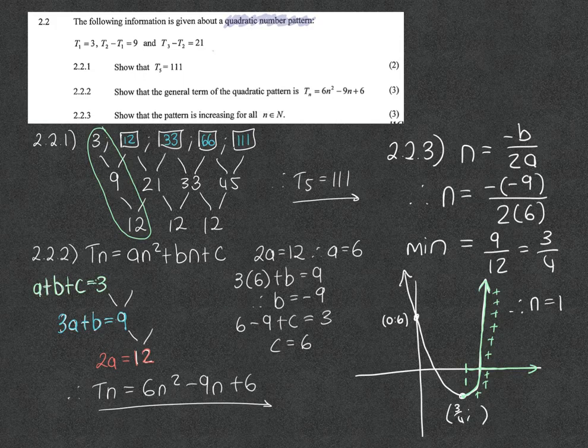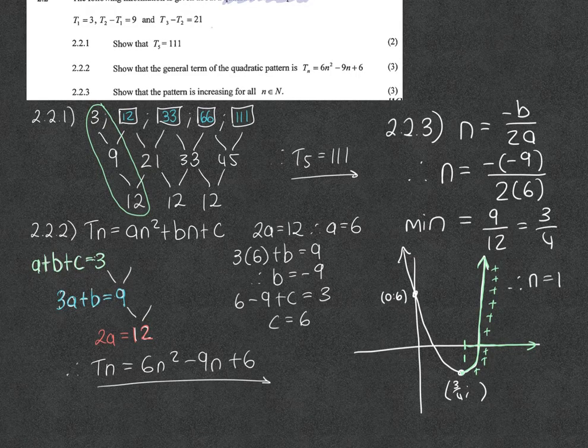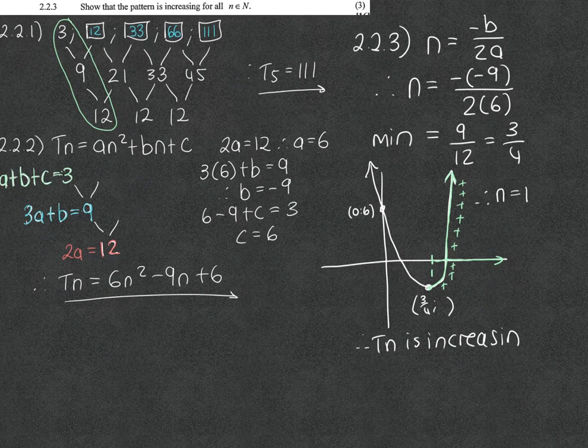So just to end off this question, we can say, therefore, t of n is increasing for n is an element of natural numbers.